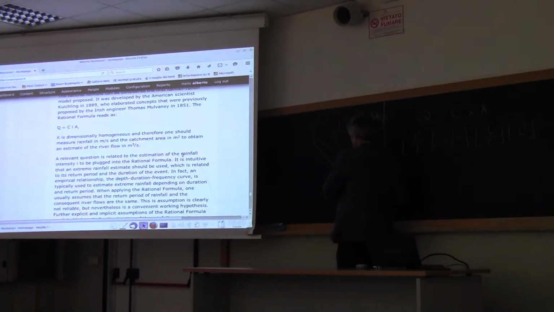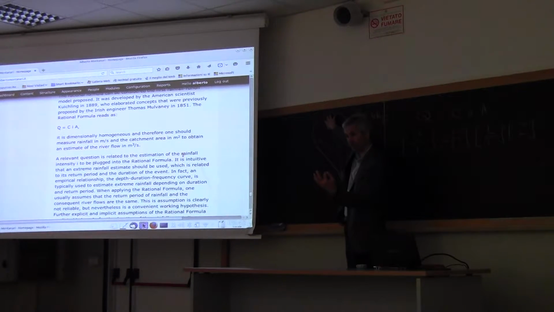The area that is close to the closure of the catchment, you get the corresponding river flow very soon. But while this area is contributing to the river flow, this area up there is not contributing, because it takes 3 days to get from here to the closure. So it rains, and you see very soon the contribution of this area, but not of this one, because it takes time.